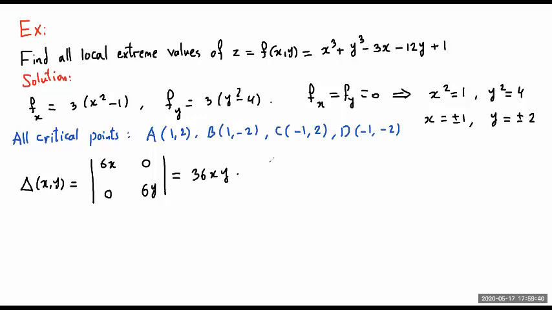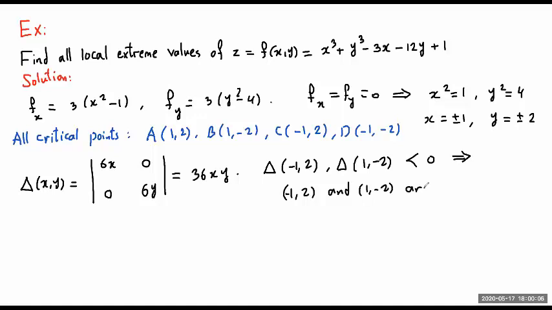So let's calculate delta at the point (-1, 2), and delta at the point (1, -2). So delta will be negative at these 2 points. So these 2 points, (-1, 2) and (1, -2), are saddle points.